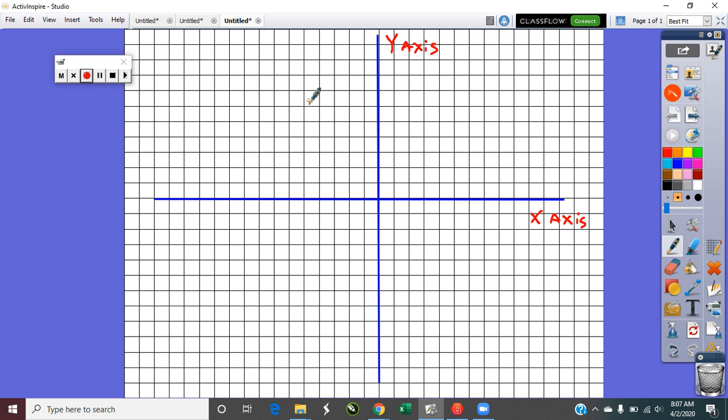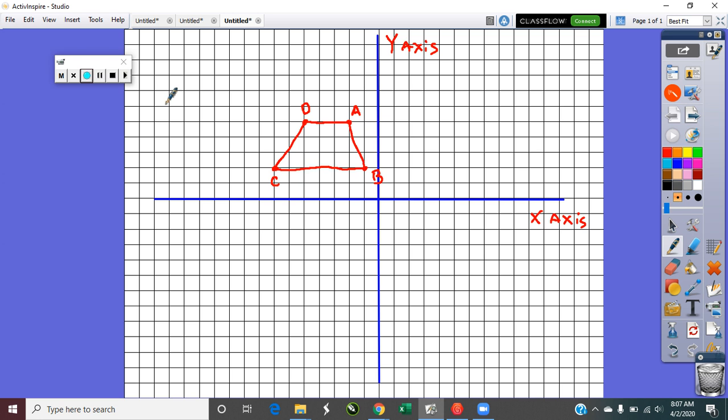Any kind of figure we can reflect over an axis. So let's say I've got a figure here. We'll say this is point A, this is point B, this is point C. We'll make this a trapezoid, and this is point D. Let's connect these. All right, we've got a trapezoid here.